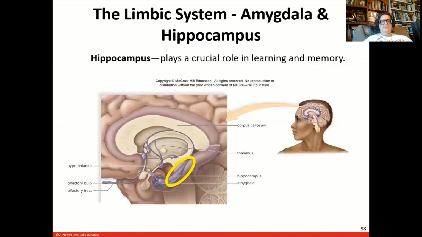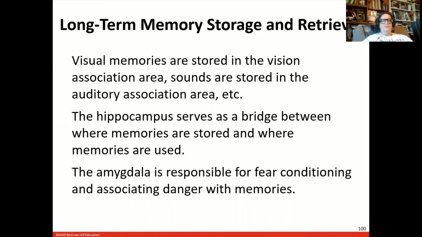Let's back up so you can see the tadpole. All right, so the hippocampus, that's the bridge between where memories are stored and where memories are used. The amygdala is responsible for fear conditioning, associating danger with memory, basically responsible for you not doing dumb things that will hurt you.